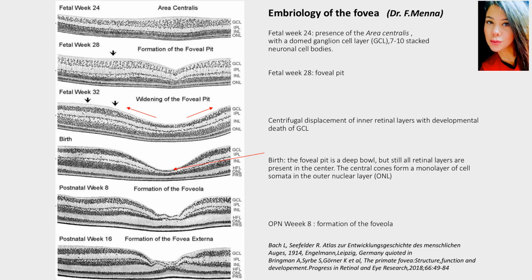At birth, the foveal pit is a deep bowl, but still all retinal layers are present in the center. And the central cones form a monolayer of cell somata in the outer nuclear layer. The foveola is formed after birth and the fovea externa after the 8th postnatal week.